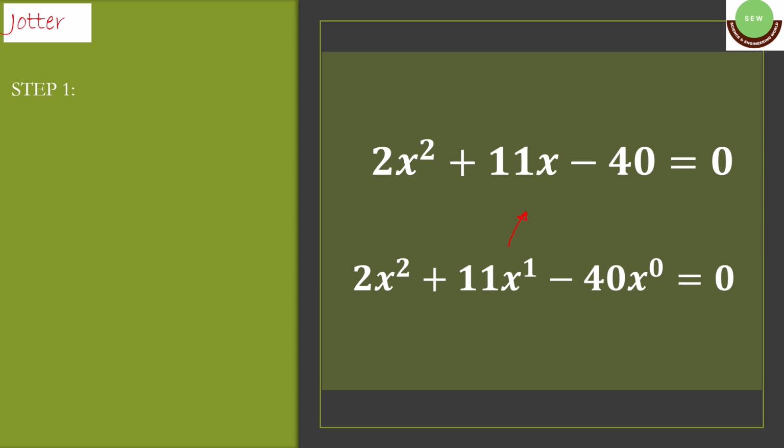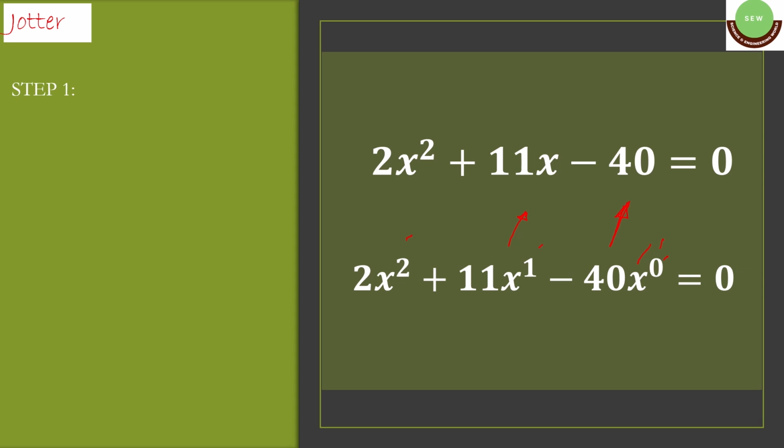And x to power 0 is 1, so 1 times minus 40 is still giving us minus 40. So we have not changed the equation, but we are now looking at the descending order of power of x. That is x^2, x^1, x^0. Very important. Now to the operation in step 1.